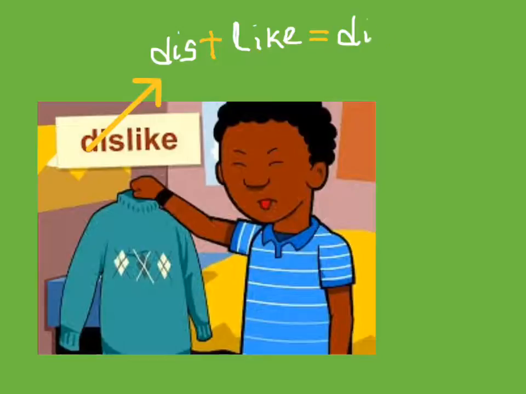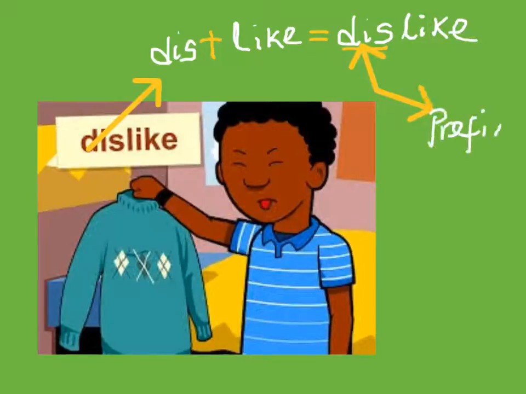Let's look at the examples. Look at the example of the word dislike. Originally the word is like, but with the addition of the prefix dis in front of the original word like, it gives the word dislike, which is a negative meaning, the opposite of the verb to like. You either use hate or dislike.